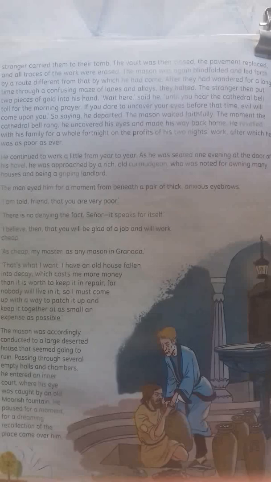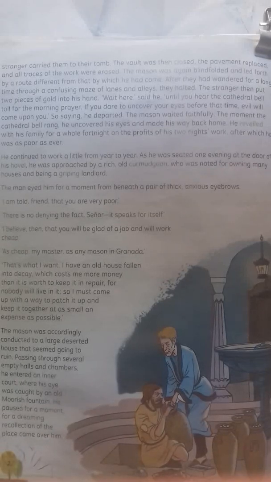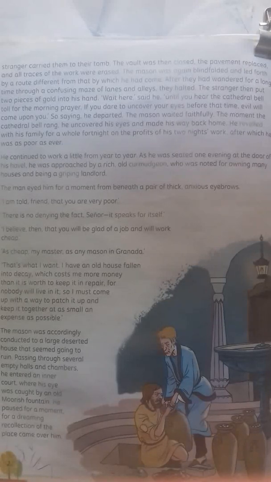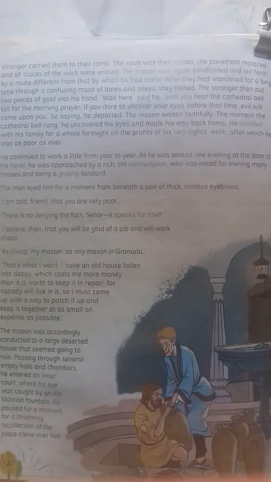There is a poem, The Deserted House, written by Alfred Lord Tennyson in 1830. So this house was in an isolated state. Our mason passed through several empty halls and chambers.